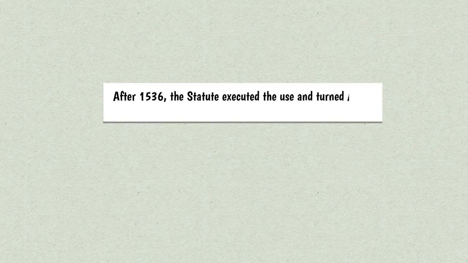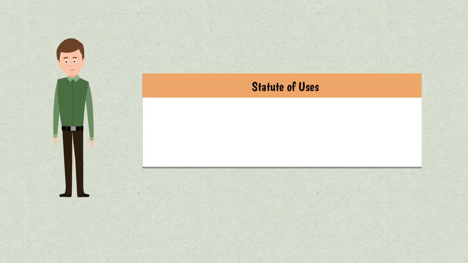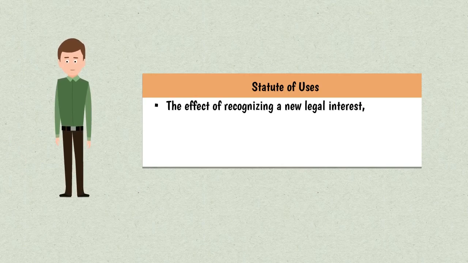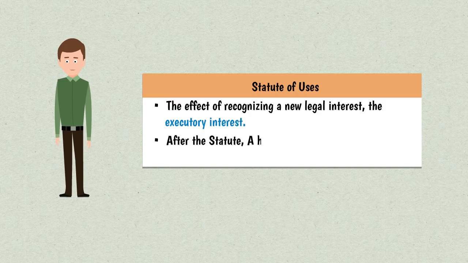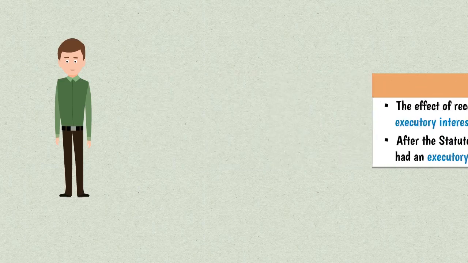After 1536, the statute executed the use and turned A's and B's uses into legal interests. As this example shows, the Statute of Uses has the effect of recognizing a new legal interest, the executory interest. After the statute, A had a defeasible fee and B had an executory interest.